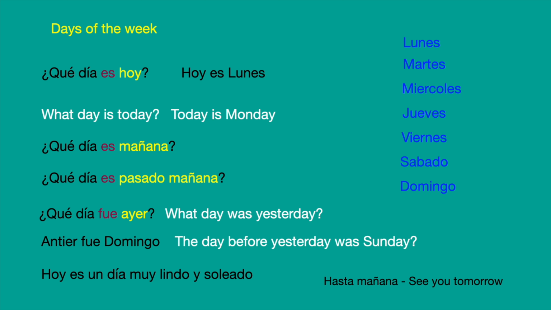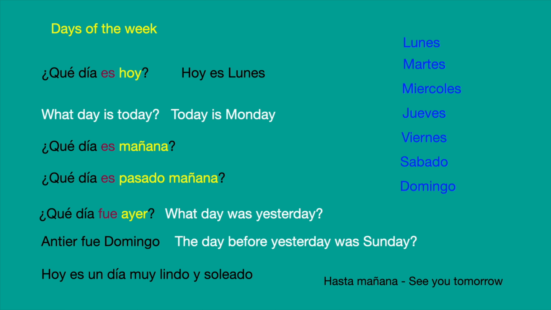So you will say pasado mañana es viernes. So remember, we are going to use again this part of the expression, pasado mañana es, and then the day that you are going to use. Or you are going to say ayer fue viernes. So yesterday it was Friday.